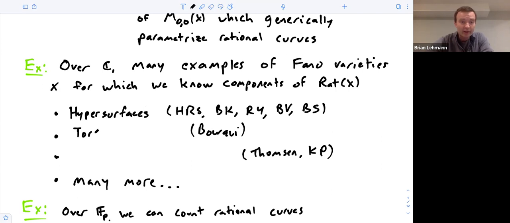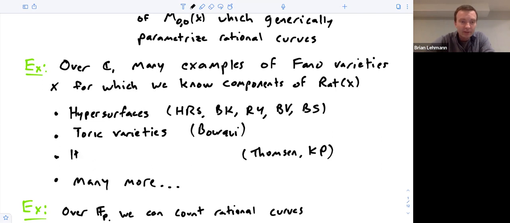Another is toric varieties. Here I've written Bourqui's name. He studied various flavors of moduli spaces of curves on toric varieties, but in particular, you can understand rational curves based on his results.